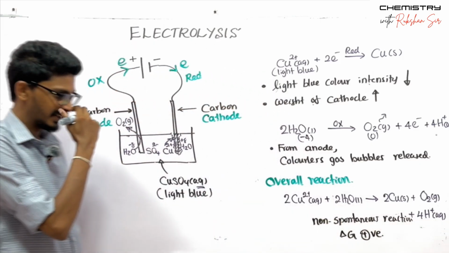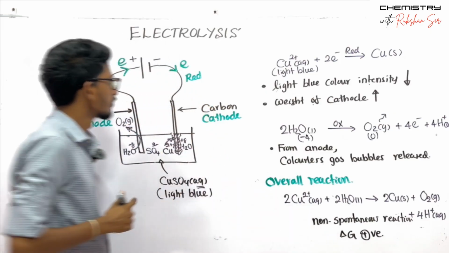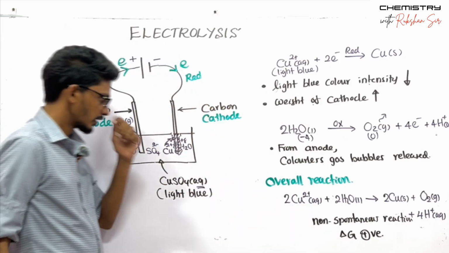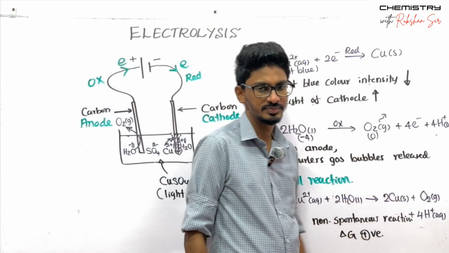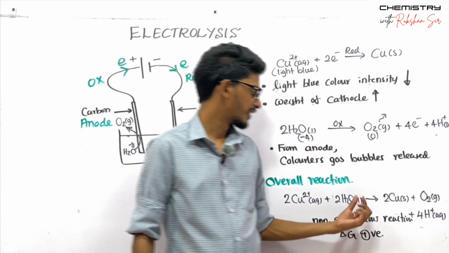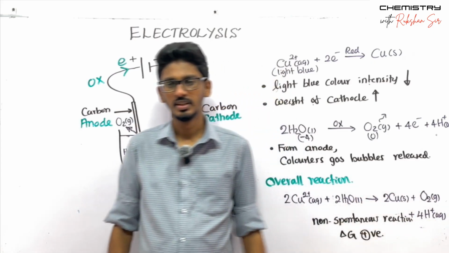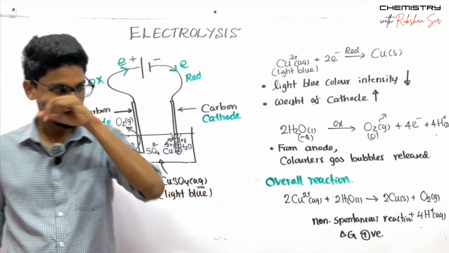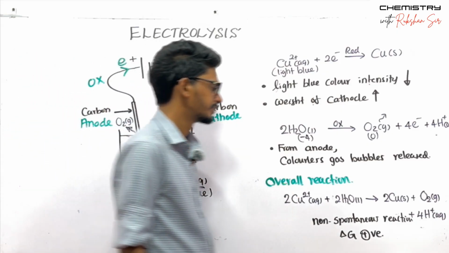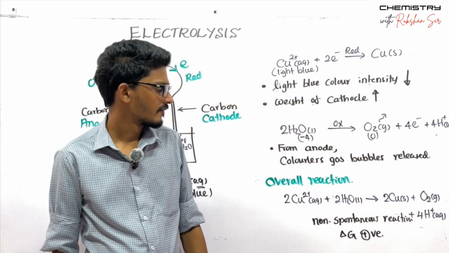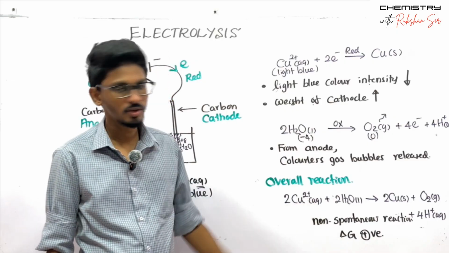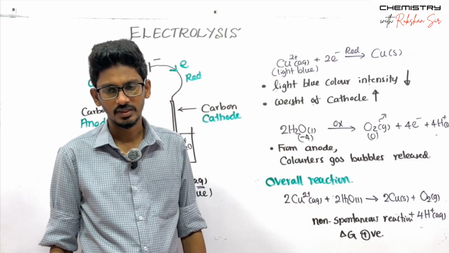If you are not supplying the energy from the outside, copper 2 plus ions won't reduce to copper while oxidizing the oxygen. You won't see the production of O2 gas from this reaction. Right?